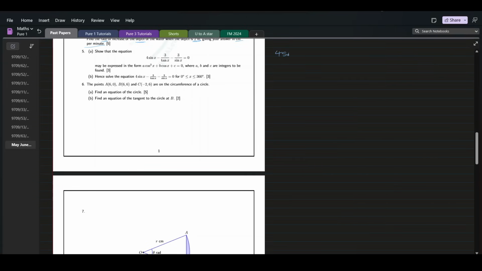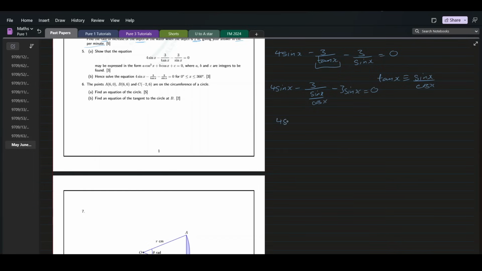Okay, so we've got 4 sin x minus 3 over tan x minus 3 over sin x is equal to 0. So we're going to start by using the identity tan x is identical to sin x over cos x to substitute this tan x over here. So that becomes 4 sin x minus 3 over (sin x over cos x), and this is minus 3 sin x, and this is all equal to 0.